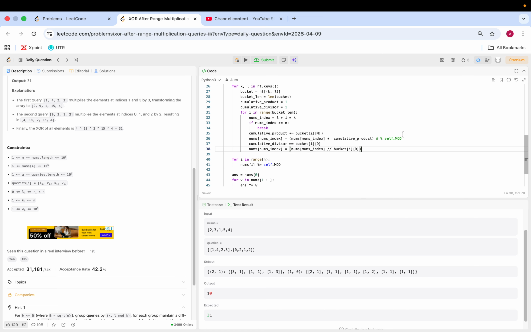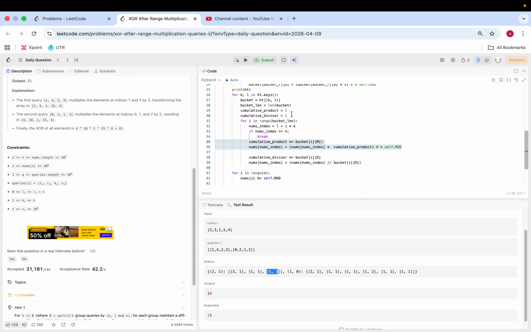So now what I'm hoping for is that the cumulative product has been carried across. We're multiplying by 3, multiplying by 3, multiplying by 3. I don't need two values. I just need this, don't I?